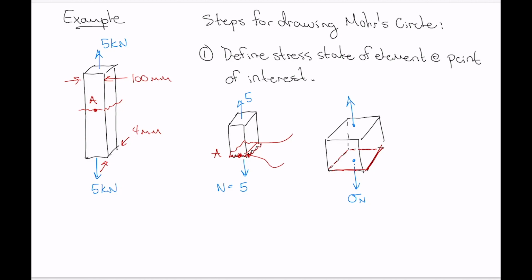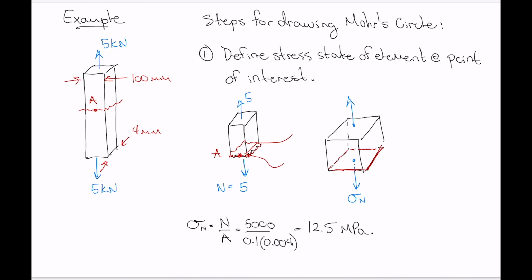Okay, now the value of sigma subscript n is very easy to calculate. Sigma subscript n is N divided by A, which is 5,000 divided by 0.1 for the width multiplied by 0.004 for the thickness, which gives us 12.5 megapascals. Okay, so that's step one.